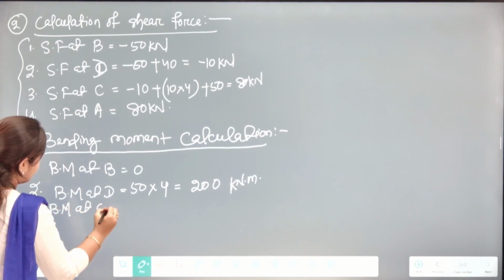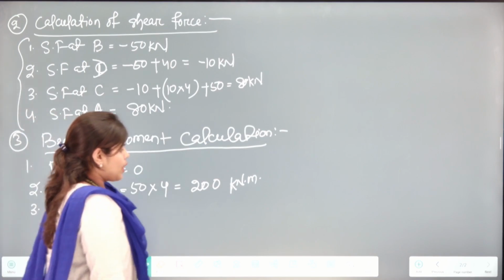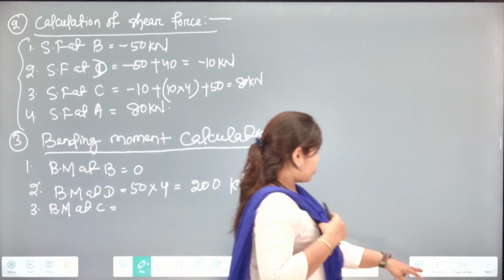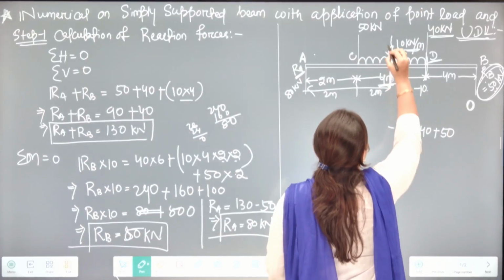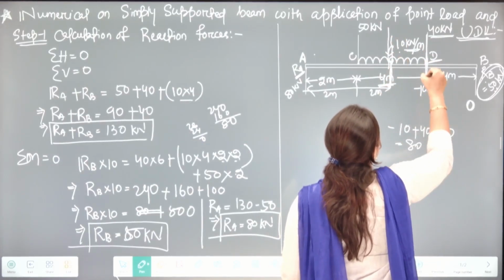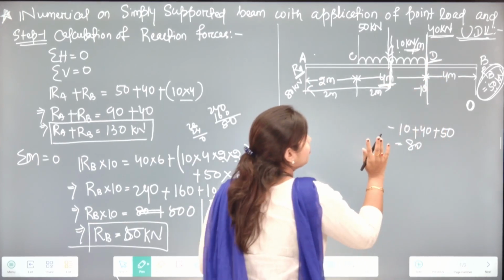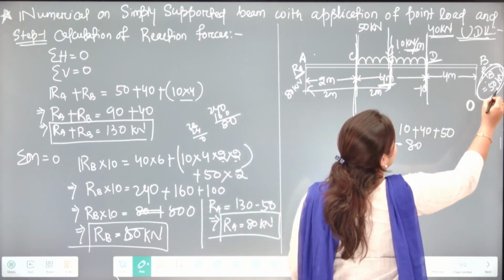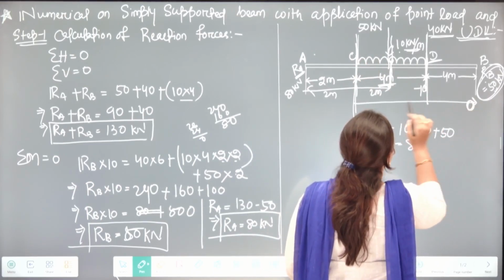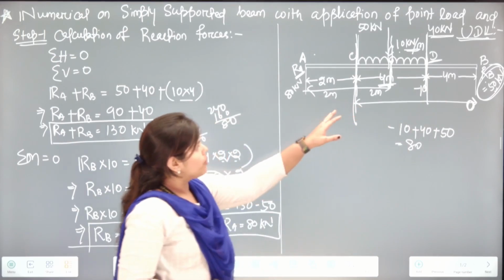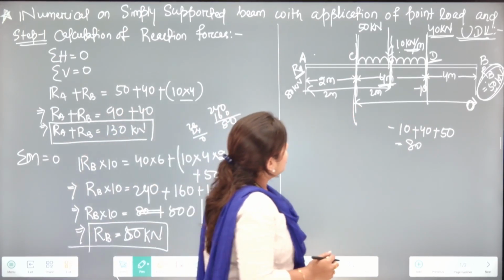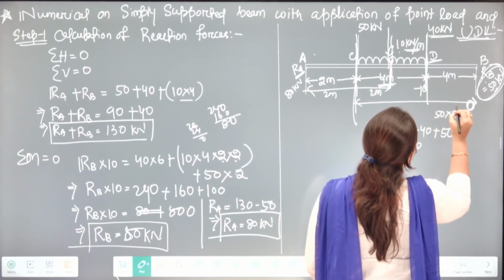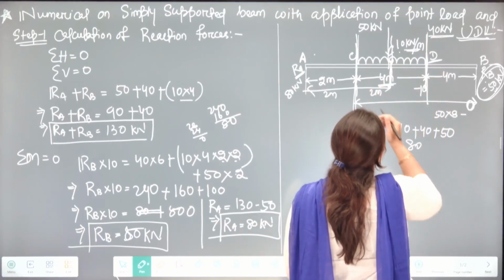Then bending moment at C. For this bending moment at C, which distance will we have? Here is bending moment at D. Now bending moment at C. So first 50 multiplied with this whole distance, 4 plus 4, 8. 50 into 8 minus this 40 into 4.